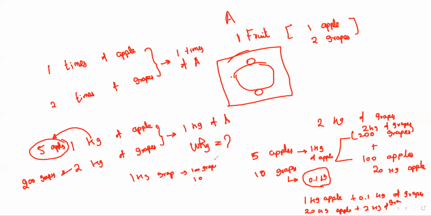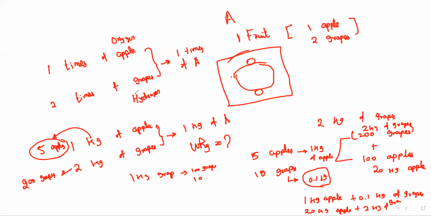Why? In our example, we have oxygen. The mass of oxygen is very high compared to hydrogen. So you can't have the same number of hydrogen and oxygen if you take 1 kilogram each.